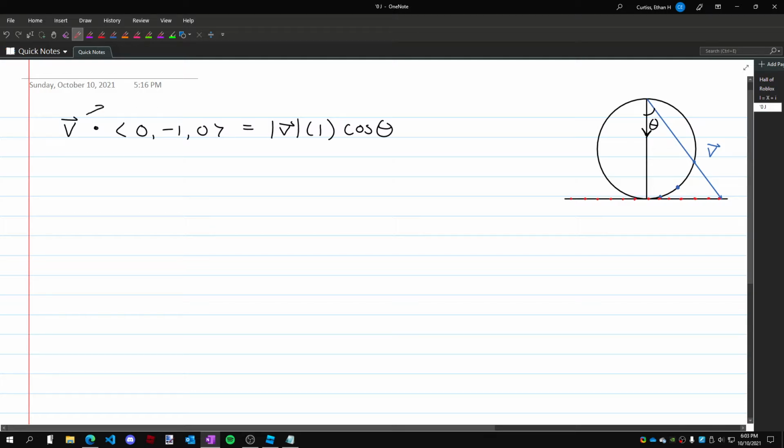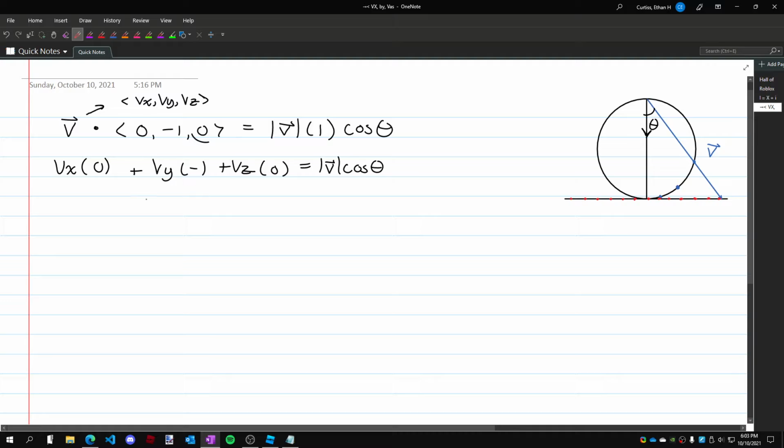If we call this v, this will be the vector (vx, vy, vz). Then if we compute the dot product, we get vx times 0 plus vy times -1 plus vz times 0. And then on the right-hand side, we just get the magnitude of v times cosine of theta.